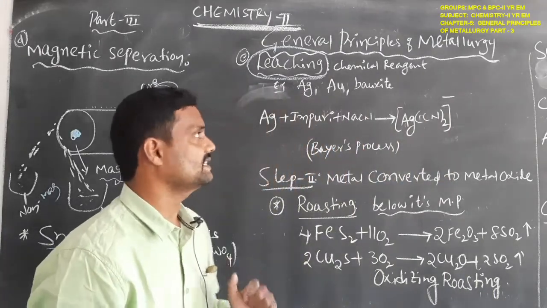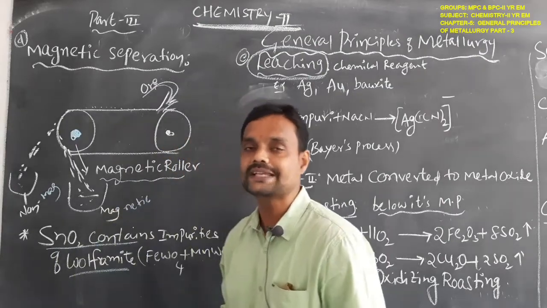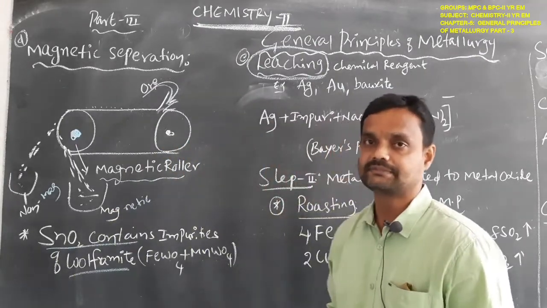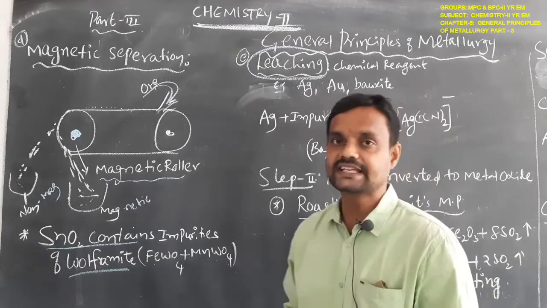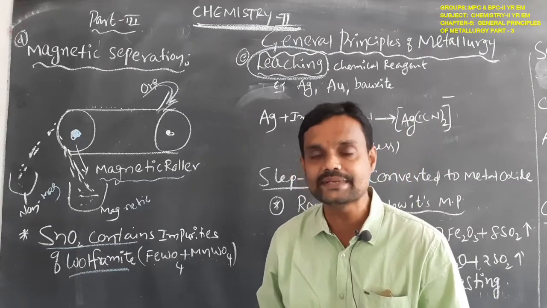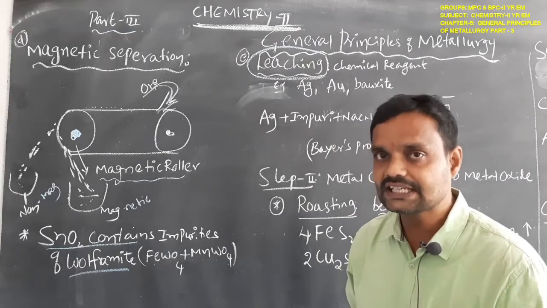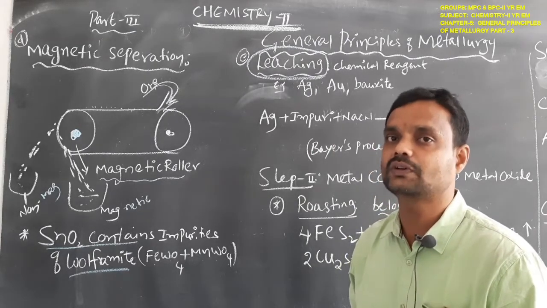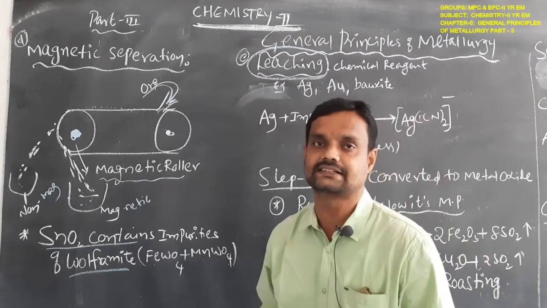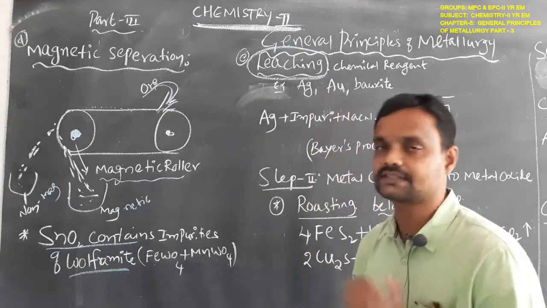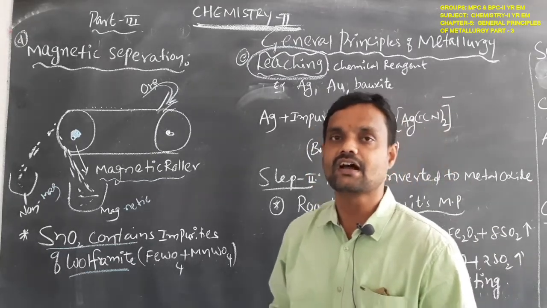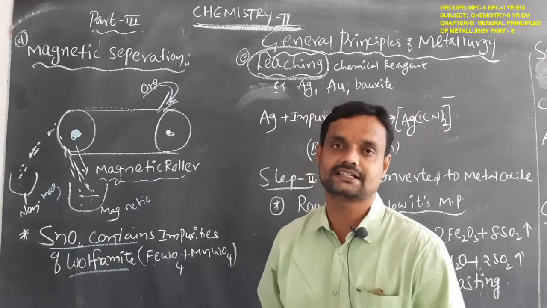Leaching means we are using a chemical reagent. That means the ore is soluble in the chemical reagent, and the impurity is insoluble in that chemical reagent. In the leaching process, we use one chemical reagent.